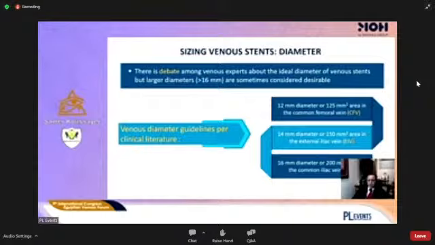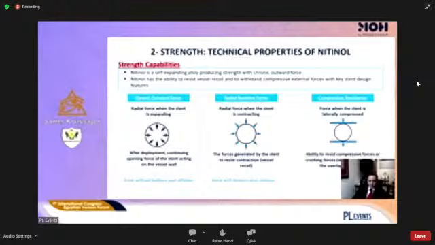If you talk about the external iliac vein, usually it's 14 millimeter, and the common iliac vein continues to open. The stent has to have chronic outward force acting on the vessel wall, and it also has to have radial resistant force and compression resistant force to get an ideal stent.